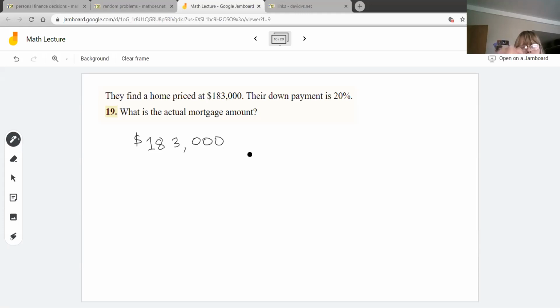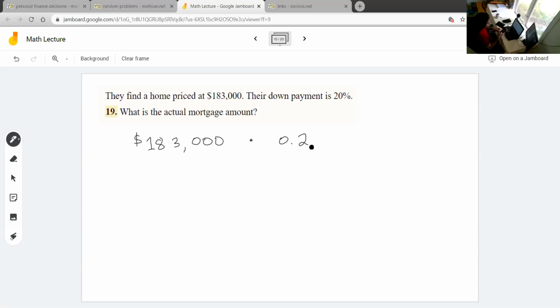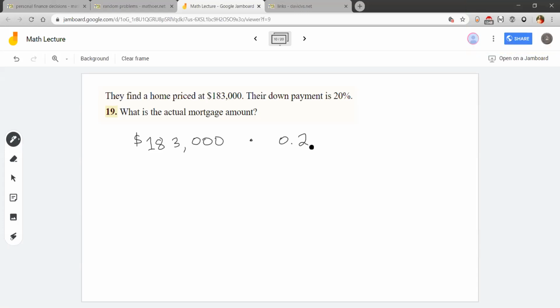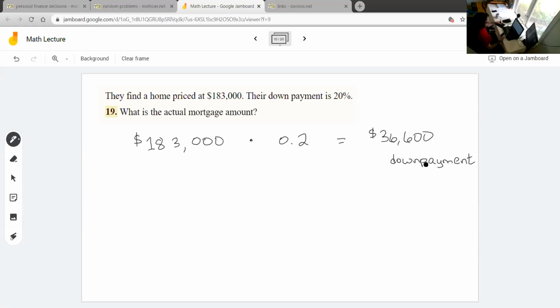So whatever that is, 36.6. So they don't need a loan for this amount. This they need up front.